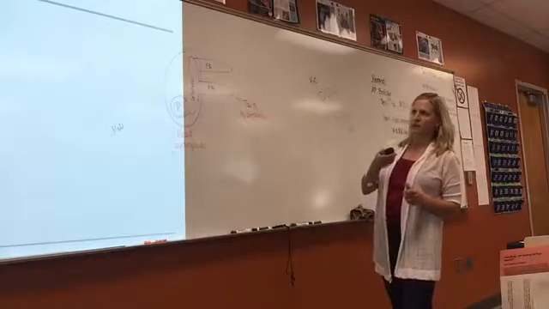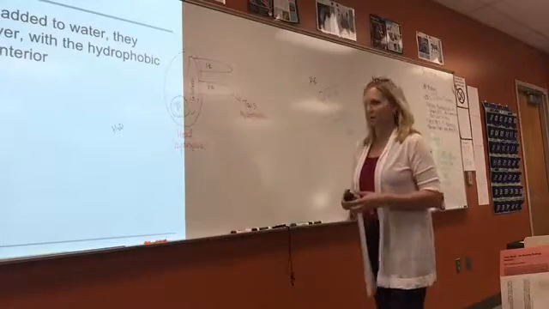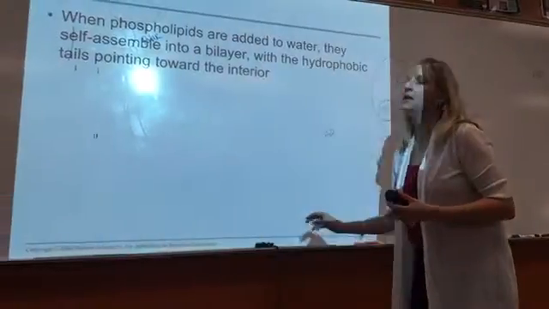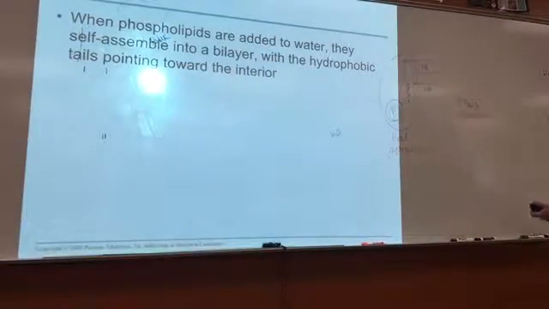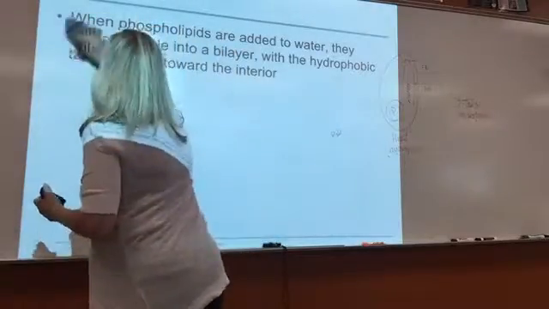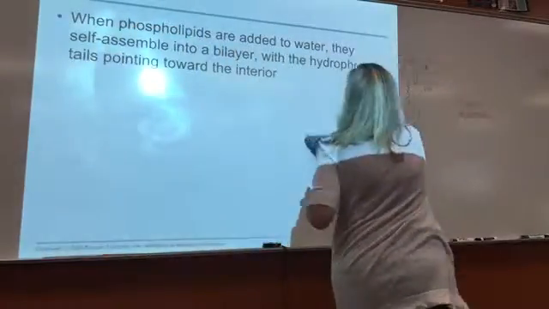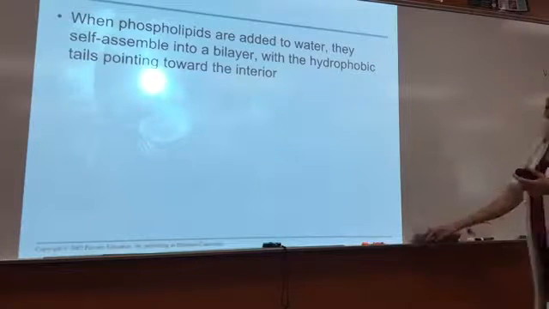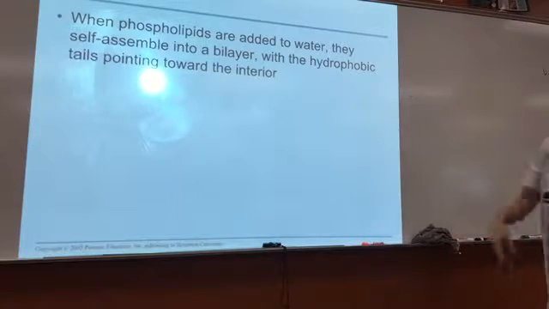So let's write, the next few bullets are about that. When phospholipids are added to water, they self-assemble into that bilayer. So notice self-assemble, it doesn't require any extra energy or anything like that, with the hydrophobic tails pointing towards the interior, like I drew here.